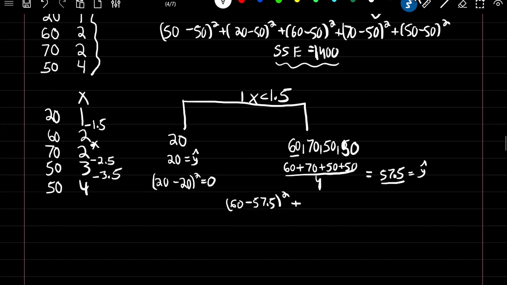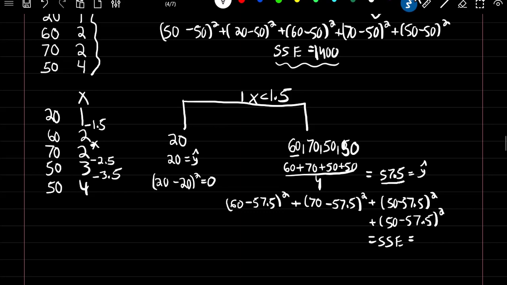And then we're going to add all these up. So the actual value was 70, we guessed 57.5, squared, plus 50 minus 57.5 squared. And then finally, 50 minus 57.5 squared, and we'll get a sum of squared error equal to 275.